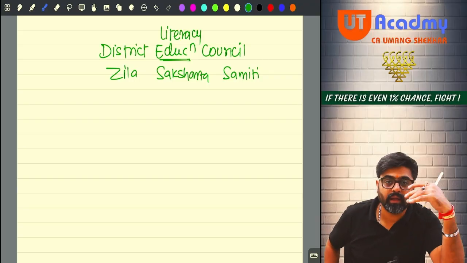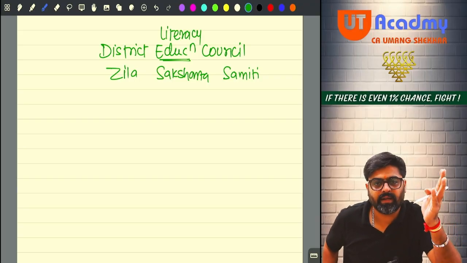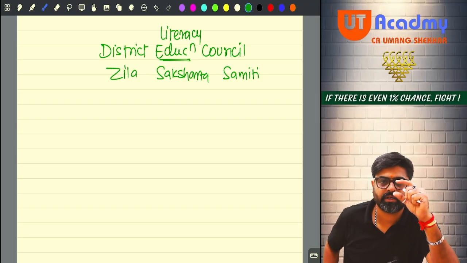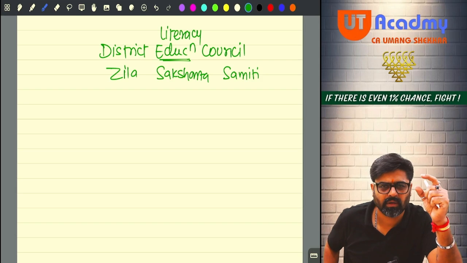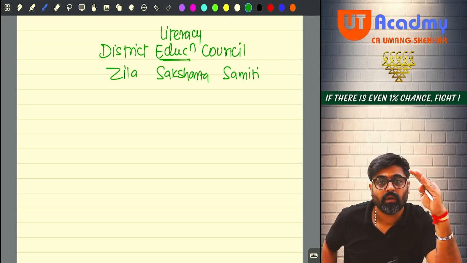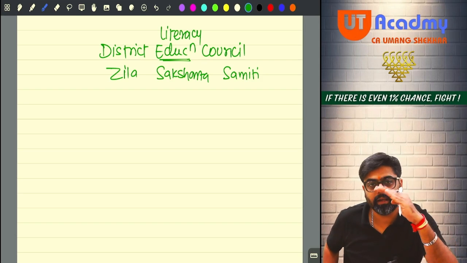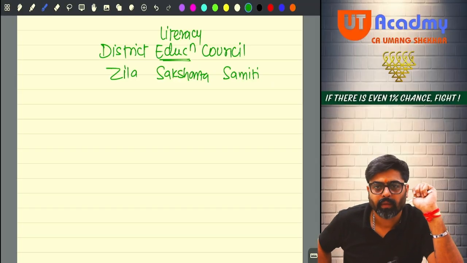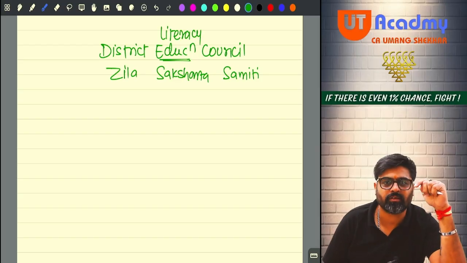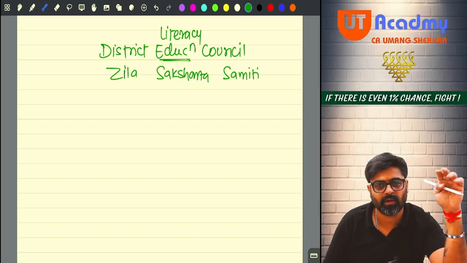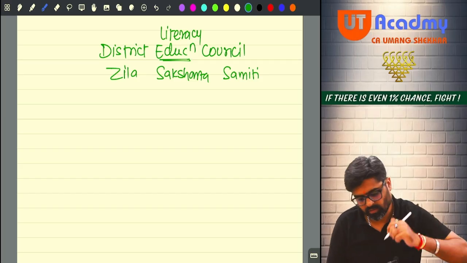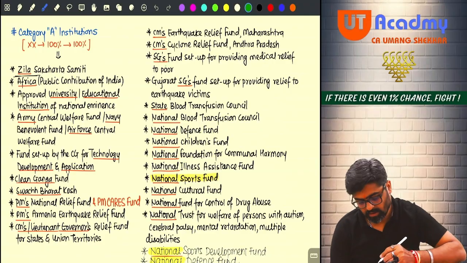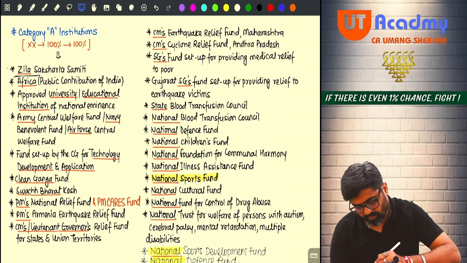So to increase the literacy rate in every district, this council is set up, known as District Education Council or District Literacy Council. In Hindi, it is known as Zila Saksharta Samiti. Okay. So if you donate to Zila Saksharta Samiti, that donation qualifies for category A. Zila means Zila Saksharta Samiti, District Education Council. So this is your category A.